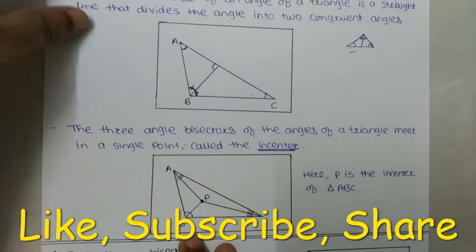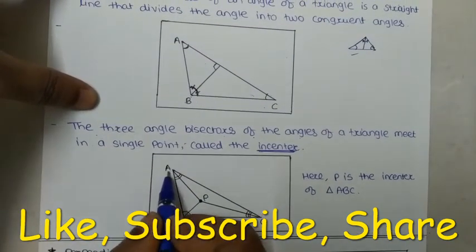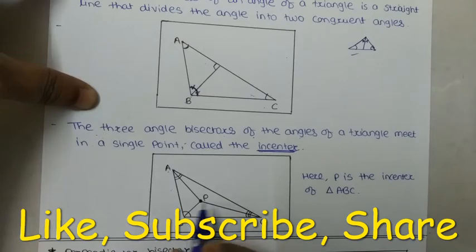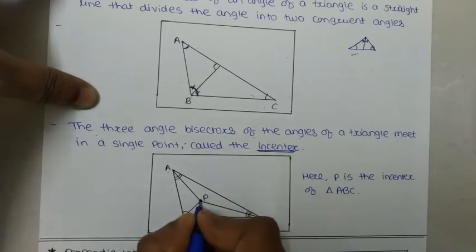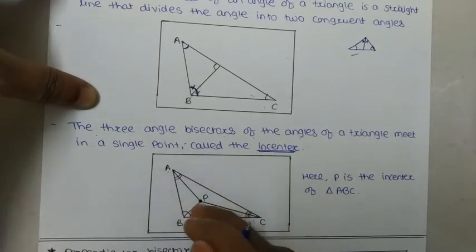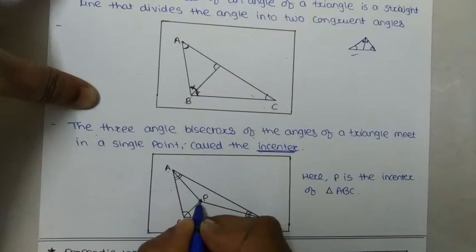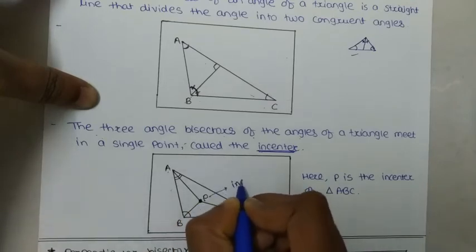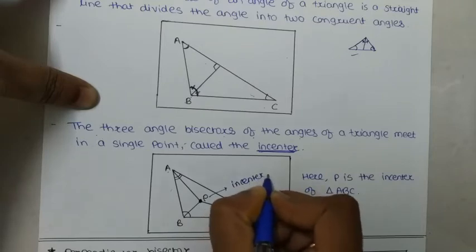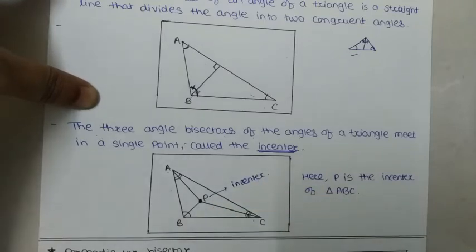Consider this figure. In triangle ABC, from angle B we draw an angle bisector, from angle A we draw an angle bisector, and from angle C we draw an angle bisector. All these angle bisectors meet at a single point called P, and this P is called the incenter.